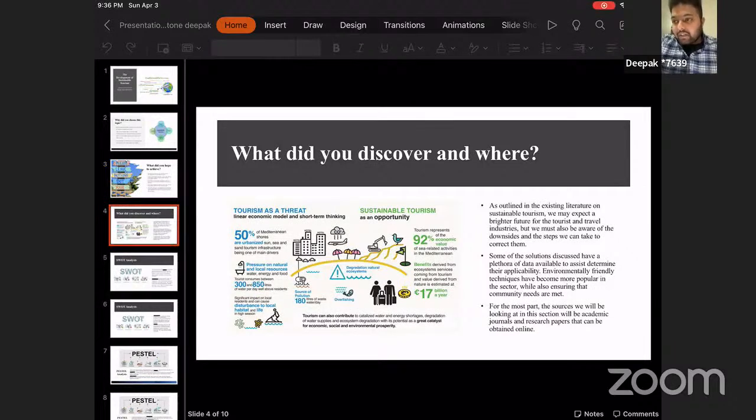Environmentally friendly techniques have become more popular in the sector, while also ensuring that community needs are met. For the most part, the sources we will be looking at in this section will be academic journals and research papers that can be obtained online.